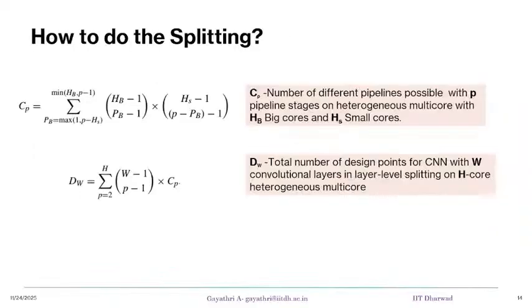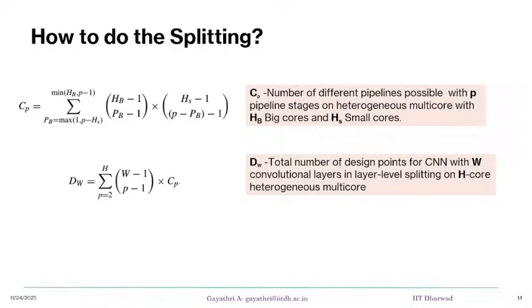Now, in our case we had 8 cores, but in general, if you have, say, HB big cores and HS small cores, how will you know how many pipelines are possible, right? This is the number of pipelines that are possible with a generic number of cores.